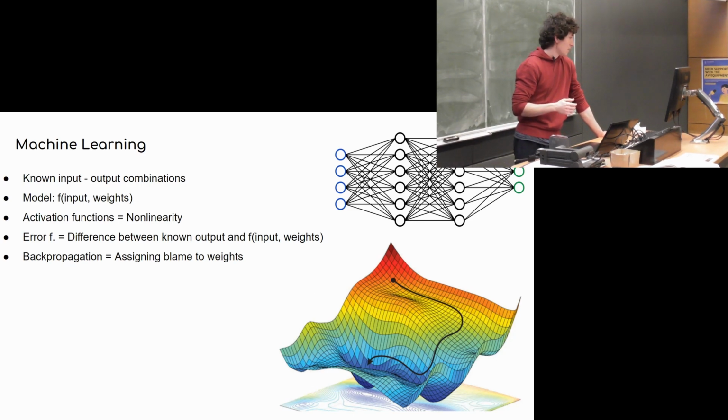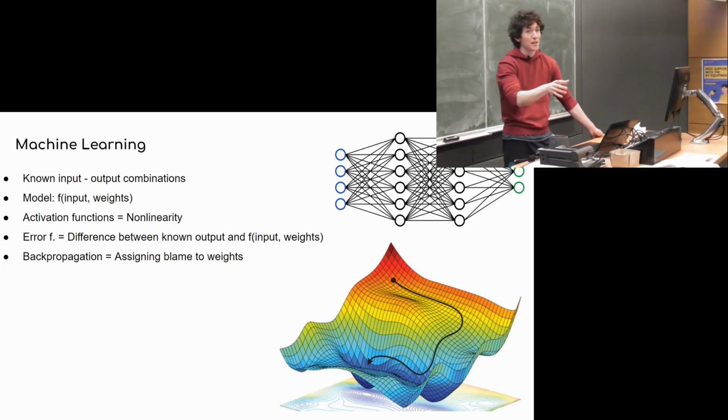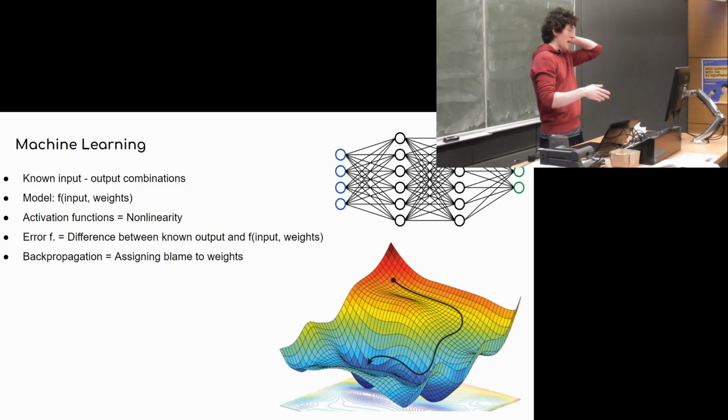So how this works is you initialize this function with random weights. You throw an input at it that you have a corresponding known output to. And you compare the output of your function to the known output. Generally, you have some error function that'll tell you exactly how badly it performed.